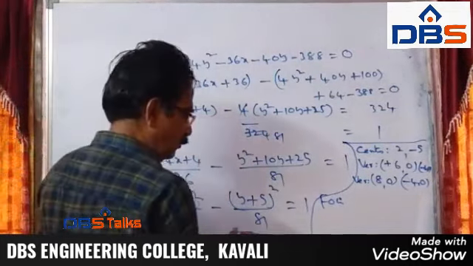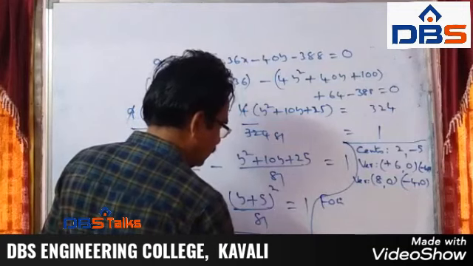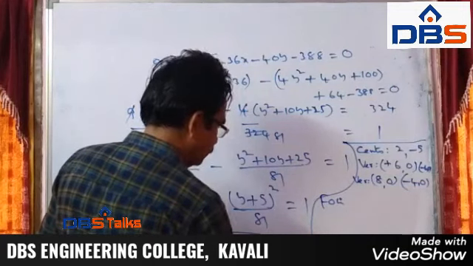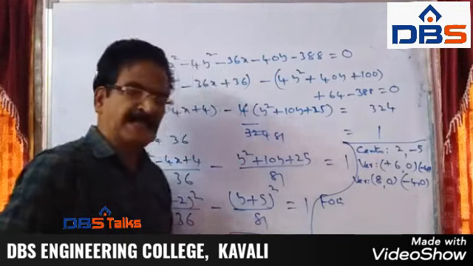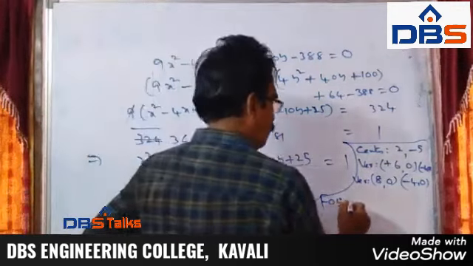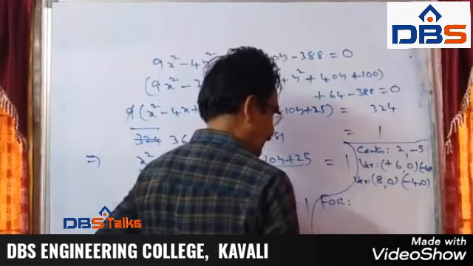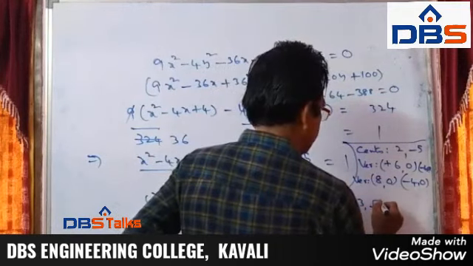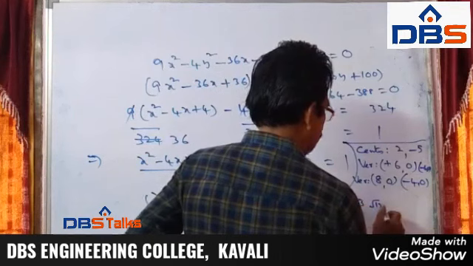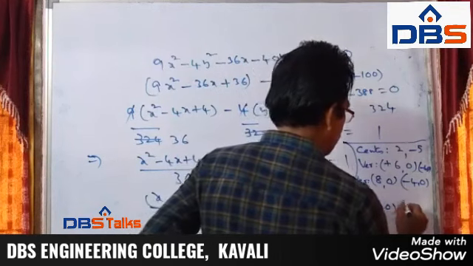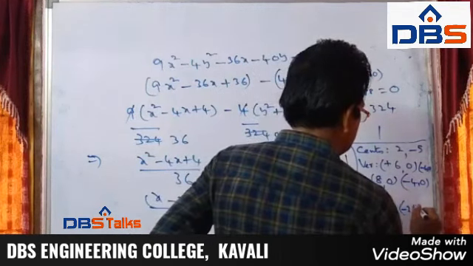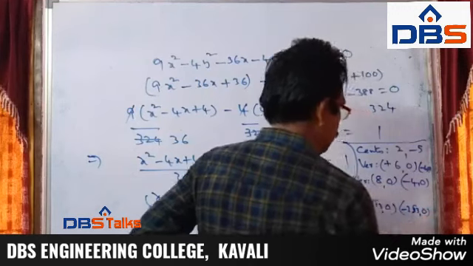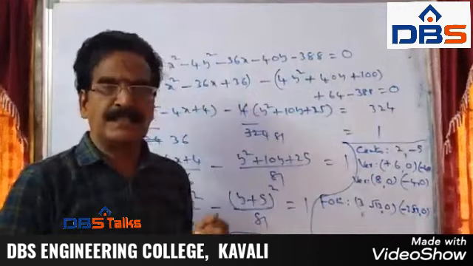You can take 9 out, so 3 root 13 is c. So the foci for our standard hyperbola are 3 root 13 comma 0 and minus 3 root 13 comma 0. This is for our normal listing.